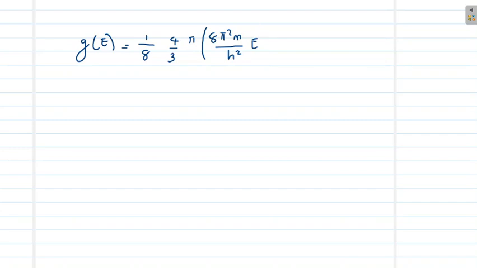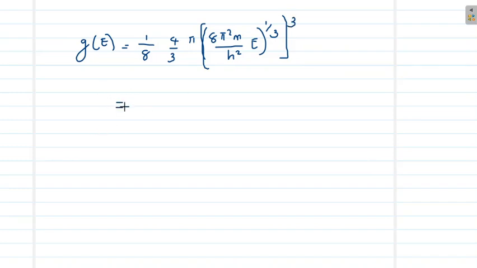So I am going to substitute for n in terms of E. So substituting like that, we will get G of E equal to 1/8 into 4/3 pi, instead of n, 8 pi square m by h square into E whole raised to 1/2, the whole cube, n cube.